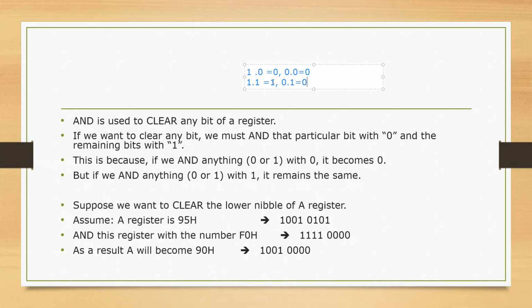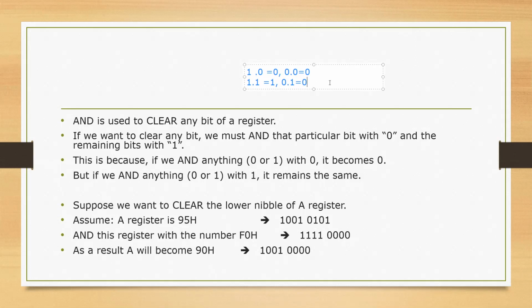So when you AND a particular bit with 1, you get the number as it is. If the number is ANDed with 1, you get the number itself.